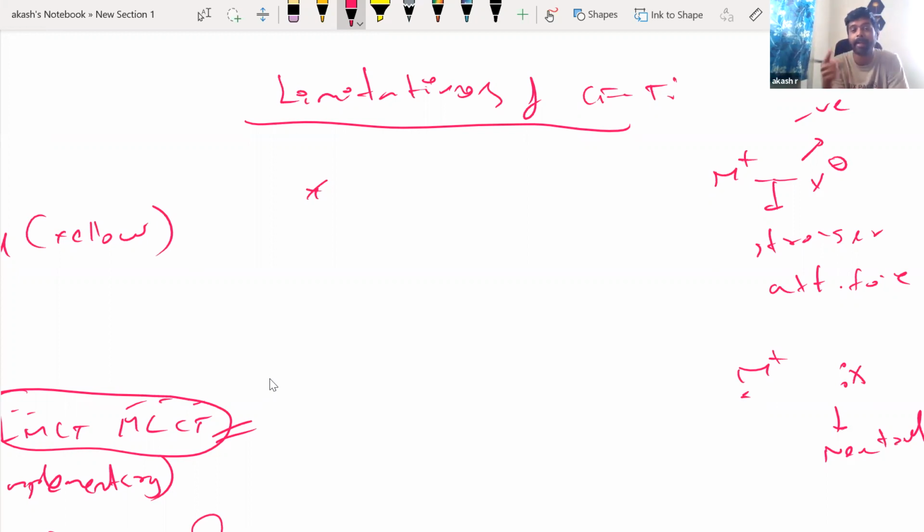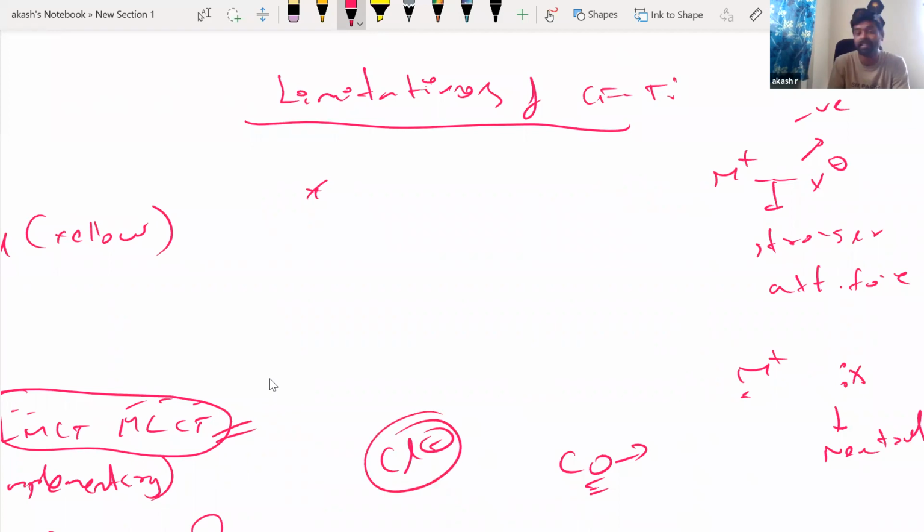Because CFT said that it is going to be purely electrostatic, either attractive force or repulsive force. But what we see is that, for example, CO is a strong field ligand. That means it will have a stronger interaction. Say, for example, Cl minus, which is a negatively charged ligand, should have had a stronger interaction with your metal. But what is actually having stronger interaction?